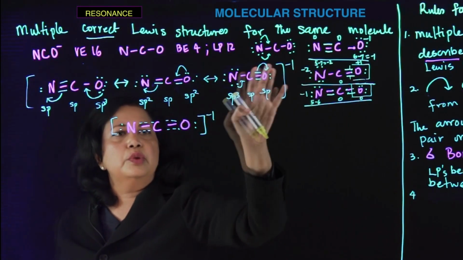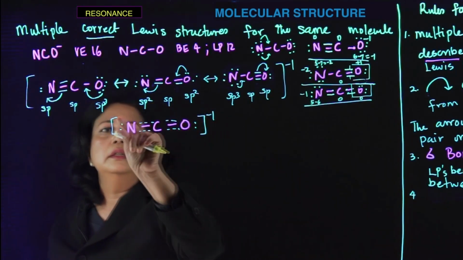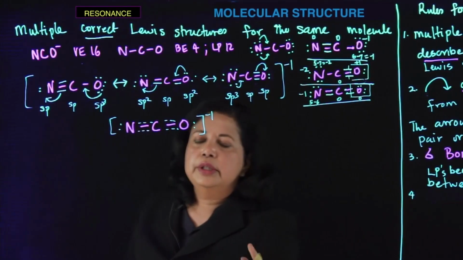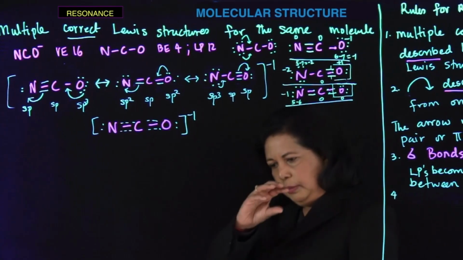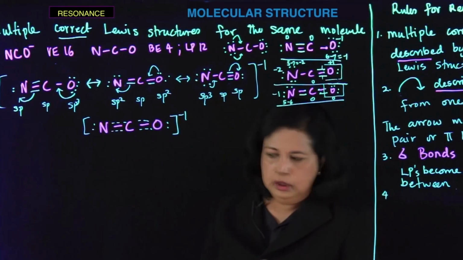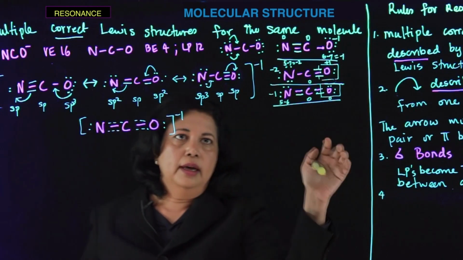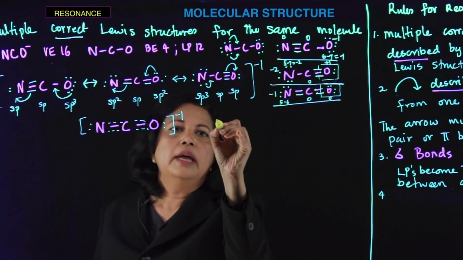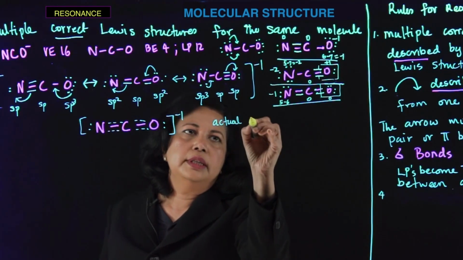So this is describing the way that electrons are flowing in the molecule. So in the real molecule, the hybridization would be closer to an sp, because it's going to be like a rod. It's going to be like in a line. So the actual molecule is closer to this.